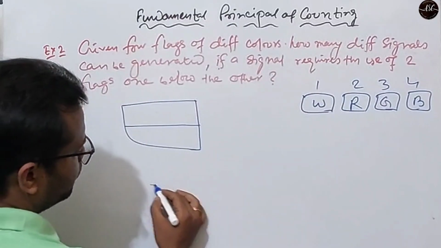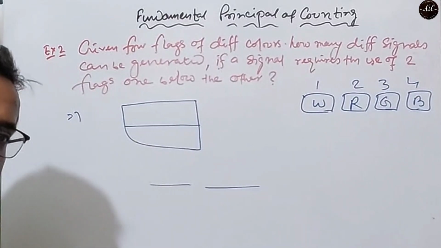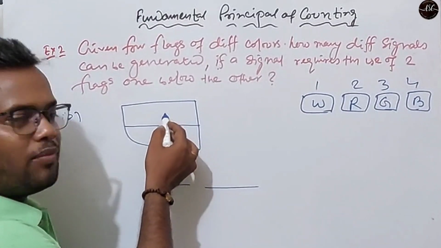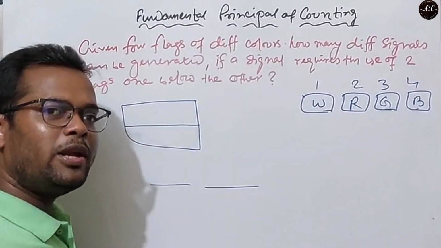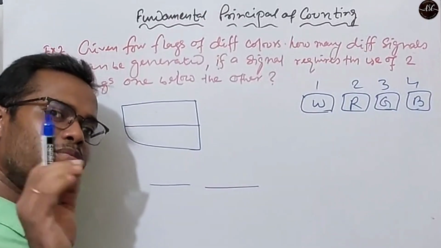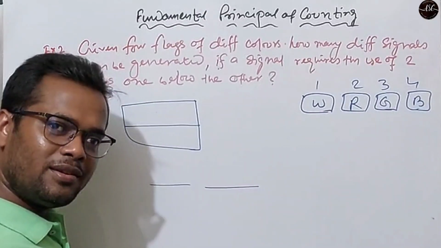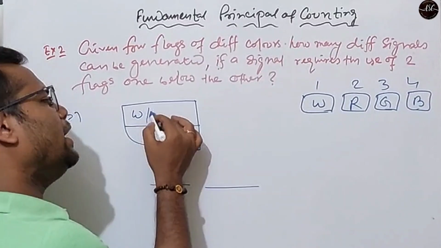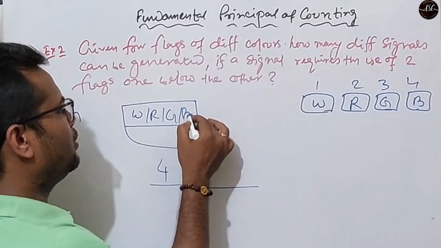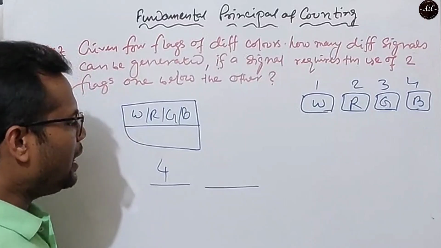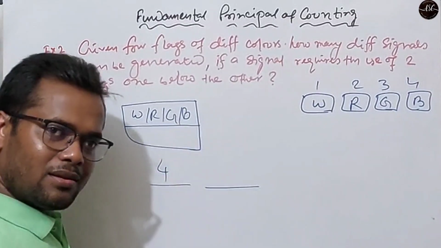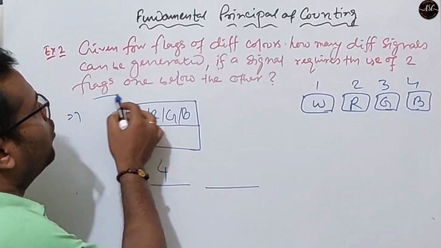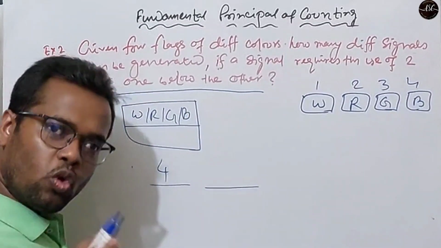In this place we can draw 2 dashes. For the first flag, from these 4, how many ways can we choose? There are 4 flags, so in 4 different ways we can choose: white, red, green, or black. Then in the remaining part, as one flag is below another, there is no repetition.